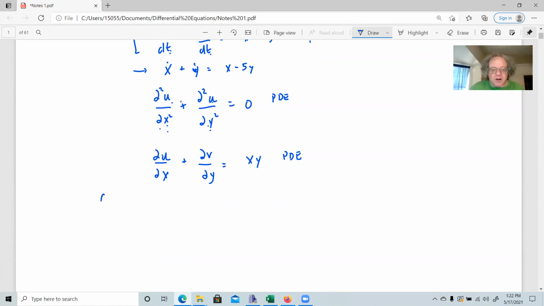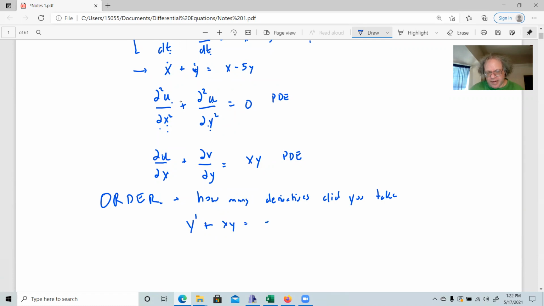Okay, the next thing we'll talk about is order. This is pretty much: how many derivatives did you take? If we have y prime plus xy is equal to e to the x, this would be a first order. We took one derivative.